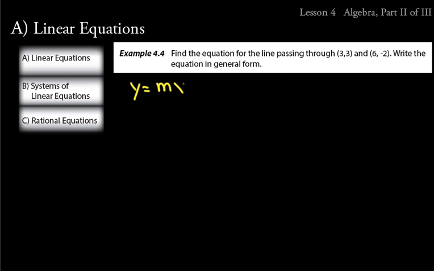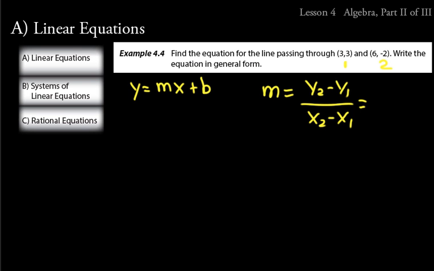But let's write our standard form down first. Y equals mx plus b. And m is equal to y2 minus y1 over x2 minus x1. And it doesn't matter which ordered pair you do first, just keep them in the same order. So I'll say my first values, my 1s, are 3 comma 3 and my 2s are 6 and negative 2.